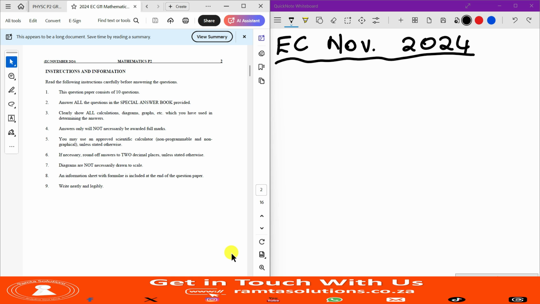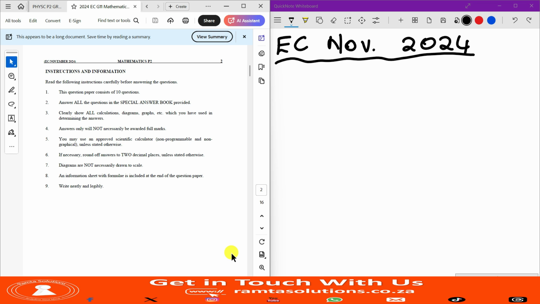Instruction 6, even though this is Euclidean geometry, there are cases where you might use Pythagoras theorem and you might get decimals. So, if necessary, round off answers to 2 decimal places unless stated otherwise. Instruction 8, an information sheet with formulas is included at the end of the question paper.